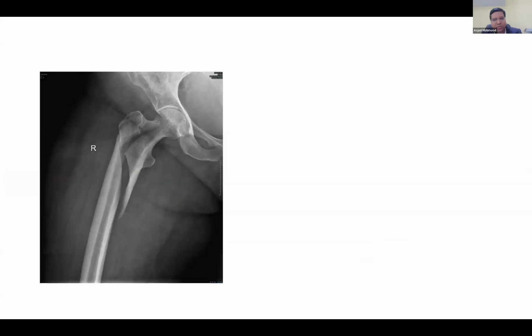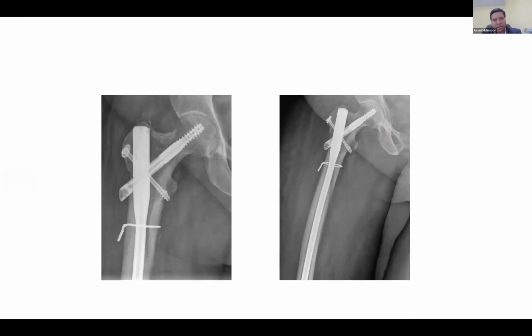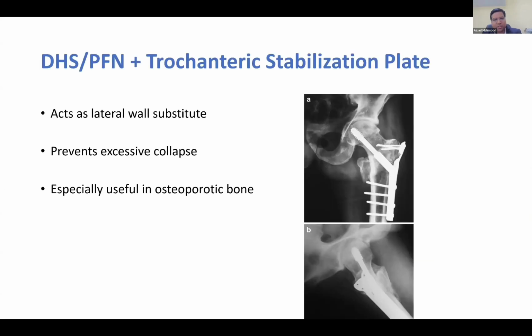And this is one of our cases in which there was a coronal split and the fracture was extending well below the GT, to the subtrochanteric level also. In this case we applied the AP screws and also the cerclage wires.